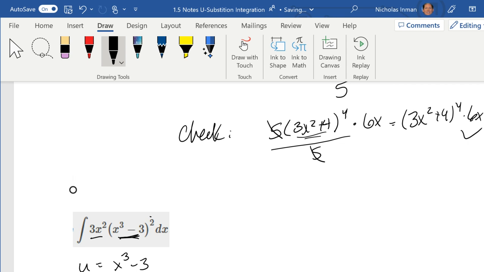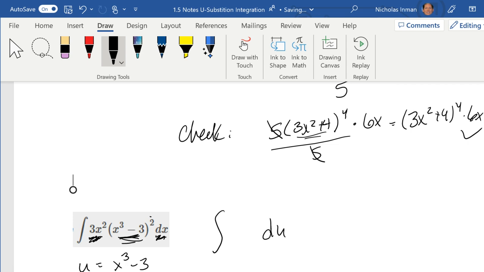Derive that u and we get 3x squared, and we derived with respect to x. Perfect. All right, from here, I see, hey, the 3x squared dx, perfect. So I can integrate this stuff, it becomes just du.